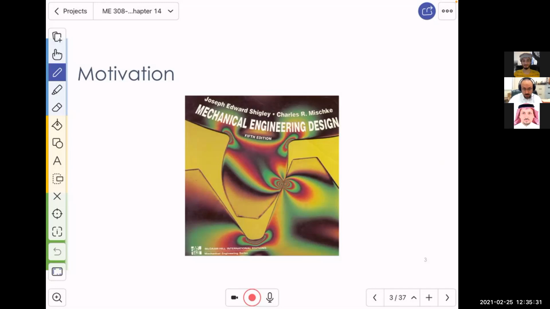This is a picture of a photoelastic analysis. What is photoelasticity? Photoelasticity is a physical phenomenon. You have a transparent material here. It looks like a transparent gear, right? It's not made from metals, which is true. One of the well-known photoelastic materials is polycarbonate, which is available in the market.